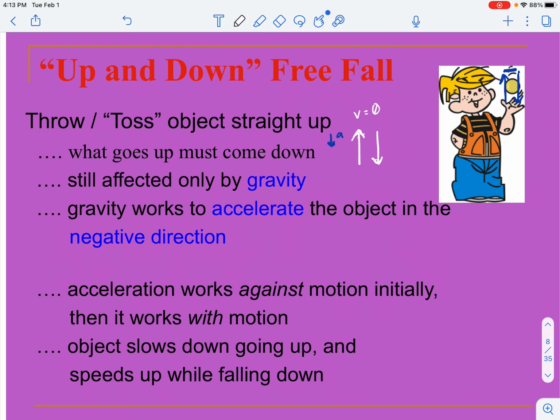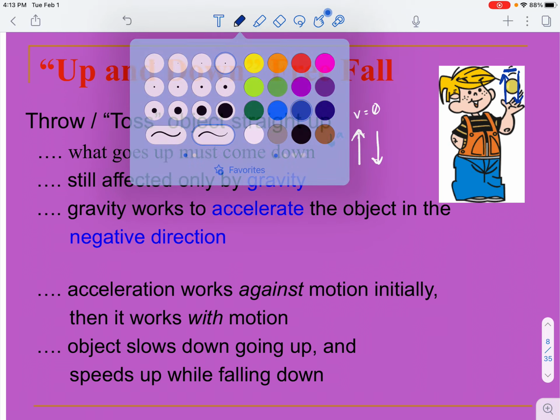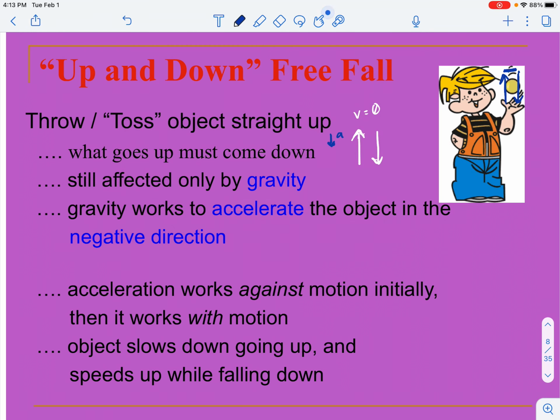Now, if we are still on Earth or some other planet, then we still have our acceleration. My acceleration is still going to be in the negative or downward direction, but now my object is already moving in the negative direction. The acceleration is also in the negative direction. So this is why my objects are going to move faster and faster as they fall.